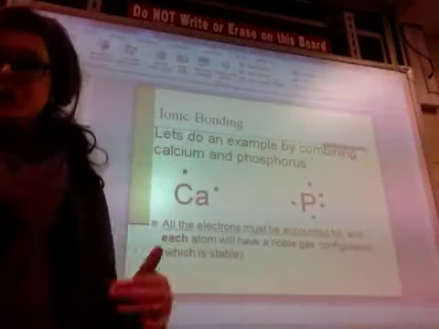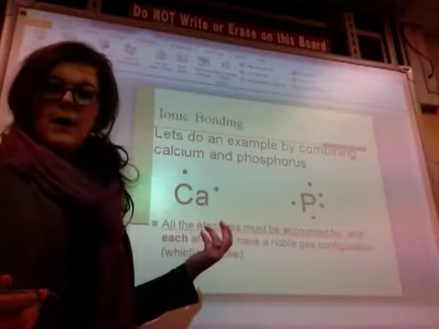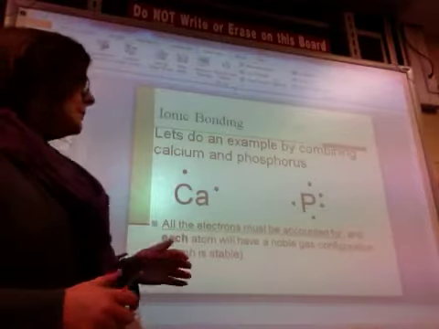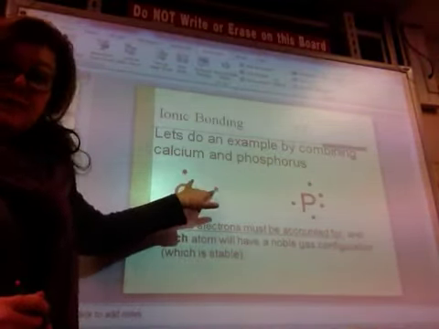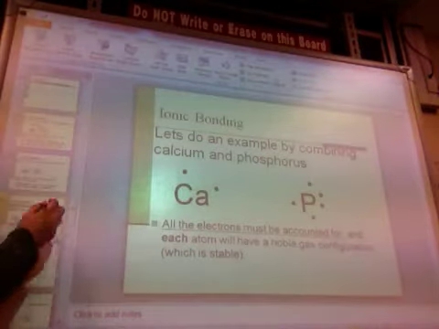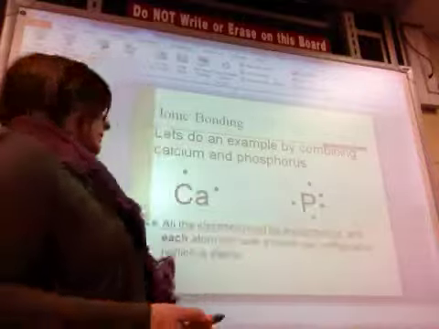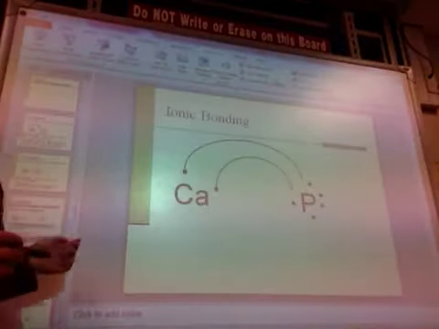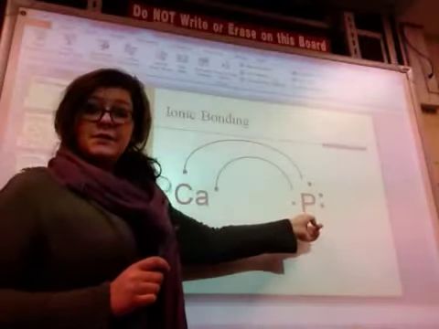So you know what it should be, and you know the charges of them, but let's just see how the Lewis dot structure works. So calcium wants to get rid of both of these valence electrons. It can do that because phosphorus needs 3 more, wants to gain 3 electrons. So right now, both of these electrons are going to move over to phosphorus.